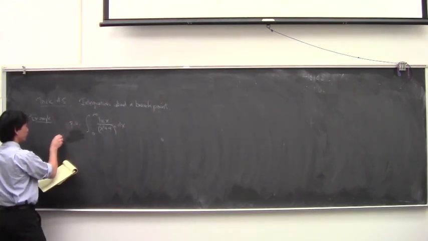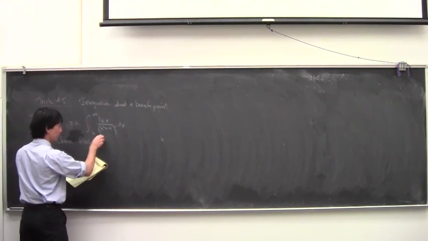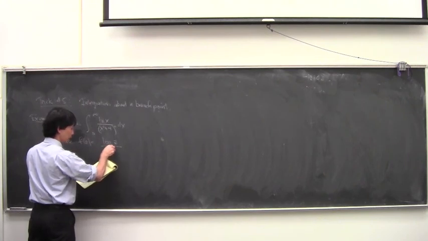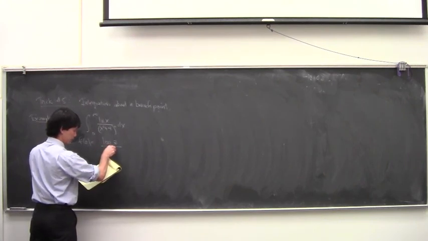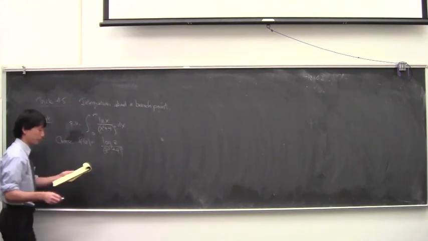So choose f of z as log z over quantity z squared plus 4, squared.